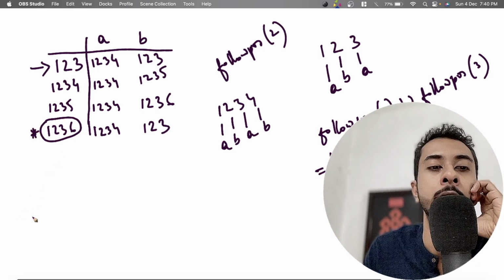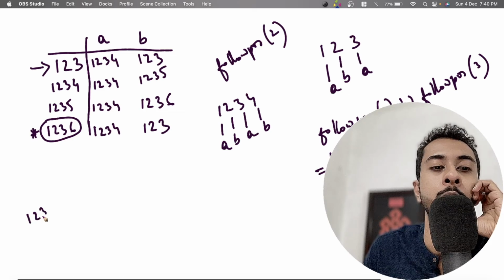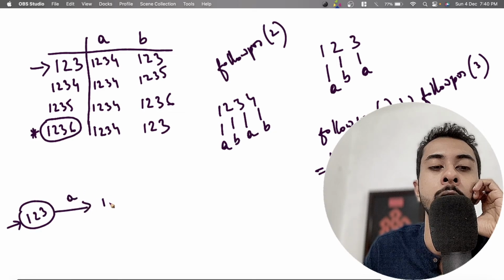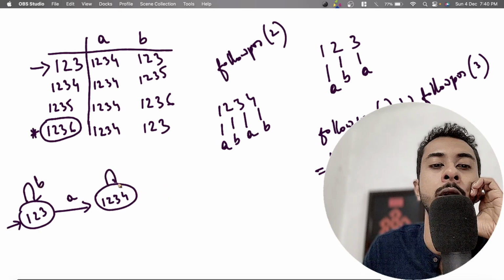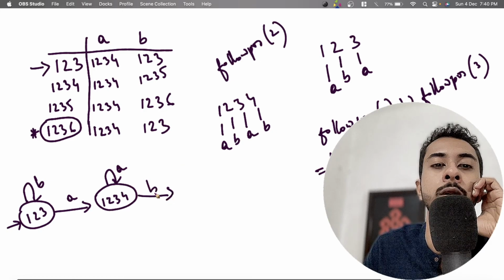Now if I want to draw the DFA, it will be like this: 1 2 3, the start state. On A, it is moving to a new state, 1 2 3 4. And on B, it is going into the same state. On A, 1 2 3 4 goes to 1 2 3 4, and on B it goes to a new state, 1 2 3 5.